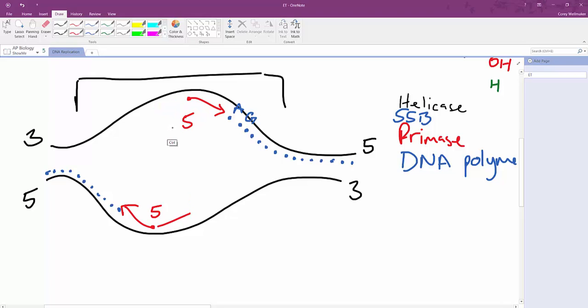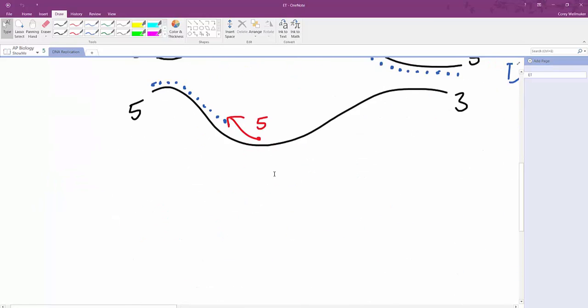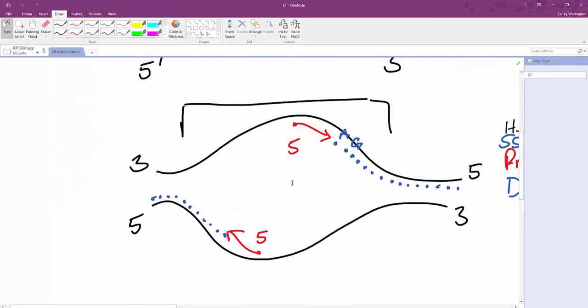And parallel DNA is no good. So we've got to synthesize in a 5-to-3 direction, and the only way that we can do that is we have to wait for this replication fork right here to extend far enough so that there's just room to lay down a primer.